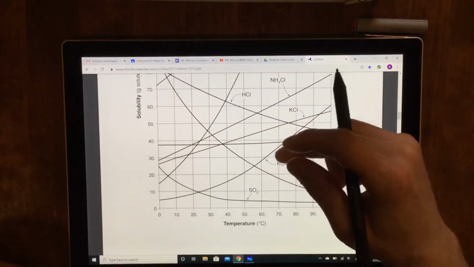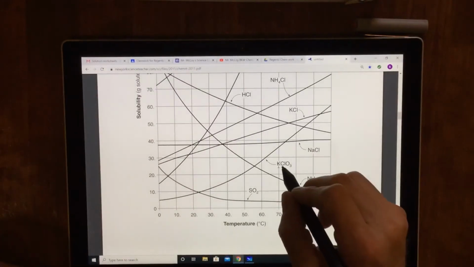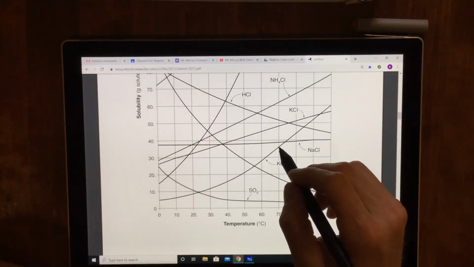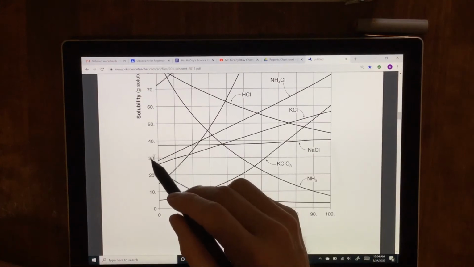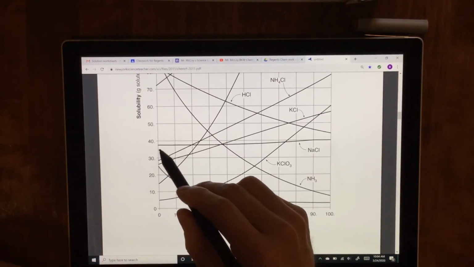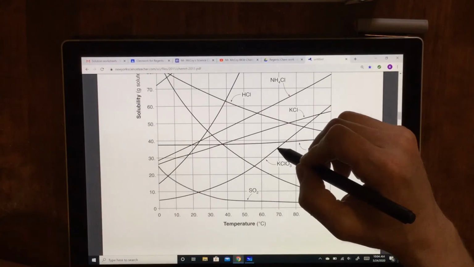All right. Anyways, 70 degrees, KClO3, we already talked about 36, 37. So we'll say 36. 36 grams puts us right on that line.